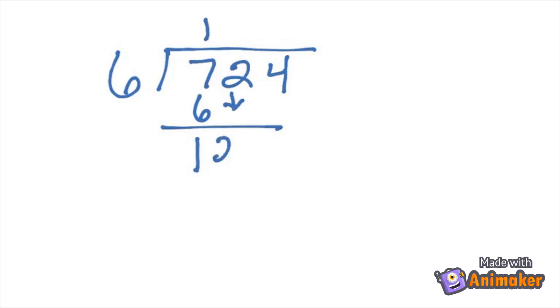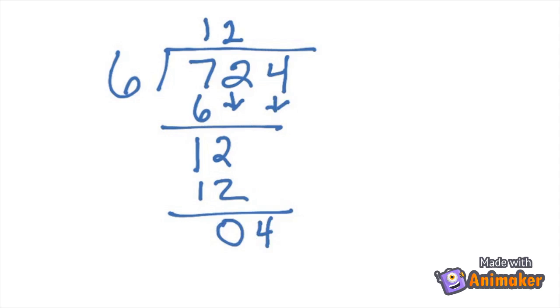I bring down the 2. 6 goes into 12 2 times. 2 times 6 is 12. 12 minus 12 is 0. I'm going to bring down my 4, and I can't take 6 into 4, so it's going to be a 0, and then I'm going to take my remainder up there.